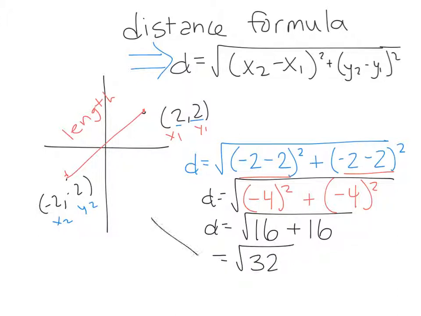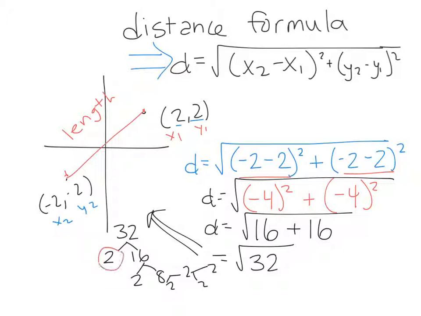So now, just like in algebra, we want to do a factor tree of 32. 32 breaks down into 2 and 16, 2 and 8, 2 and 4, and 2 and 2. So all of the prime numbers, I'm going to circle.